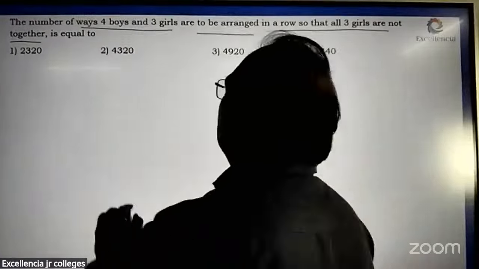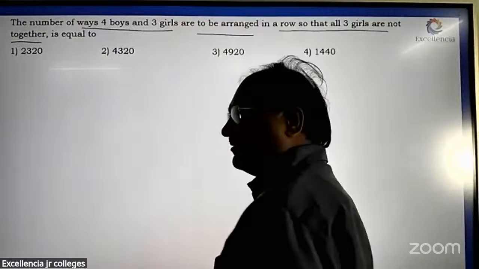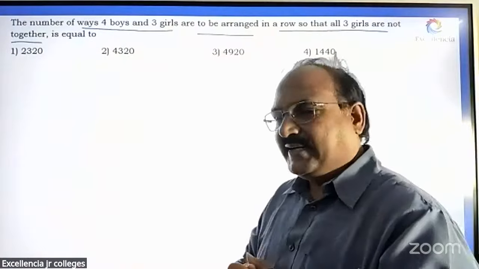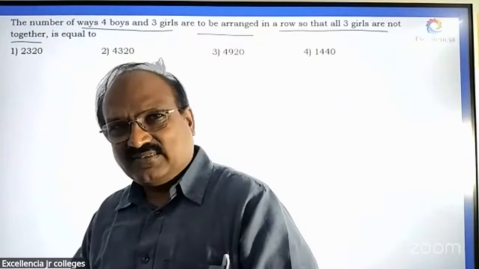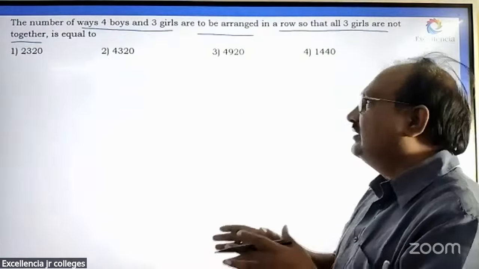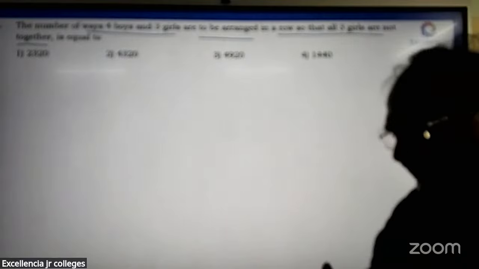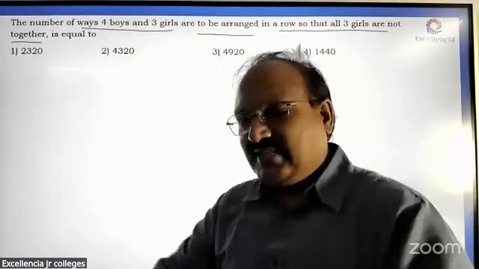So in this case, there are 4 boys and 3 girls. First let me write the total number of arrangements without condition. Then I have to write the number of arrangements when the 3 girls are sitting together.